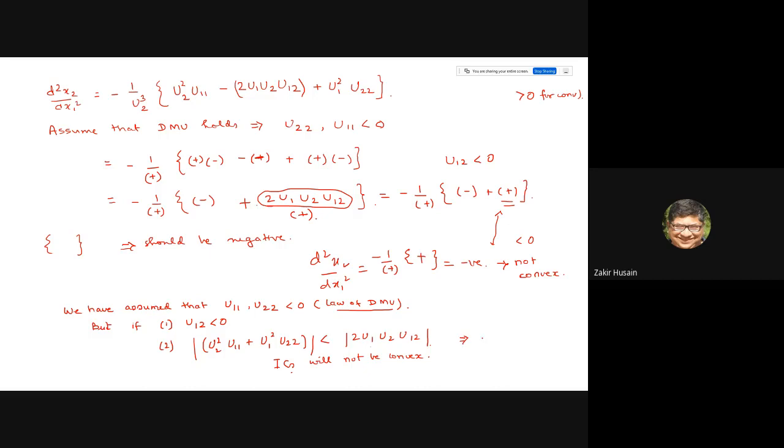That is, DMU is not sufficient for convexity. Okay? Can I just run the slide? Sir, both conditions have to hold simultaneously, right? Yes. Okay, sir.